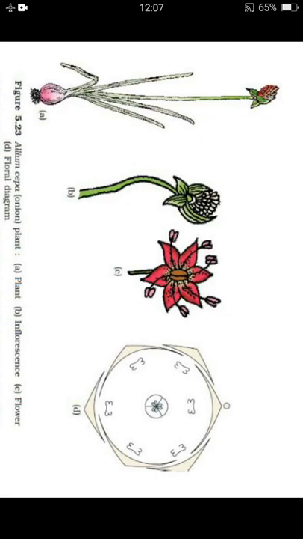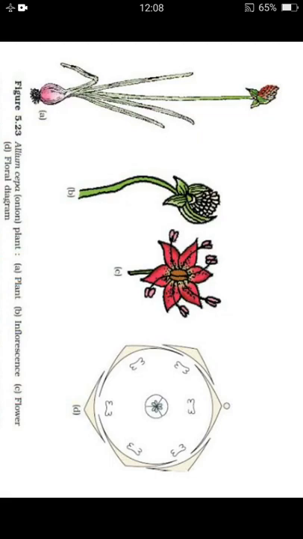Next, another floral characteristic, the important part: the gynoecium. The gynoecium is tricarpellary. Have you seen diagram D, the floral diagram? In the floral diagram, centrally you can see the ovary. How many carpels are there? 3 carpels. A carpel is like a chamber, which is scientifically called a locule.